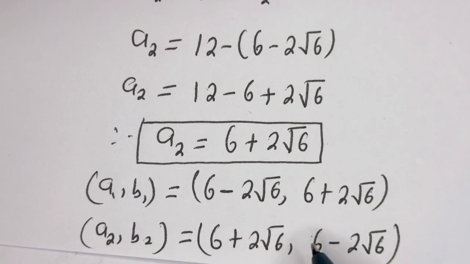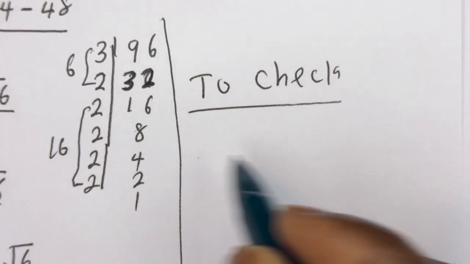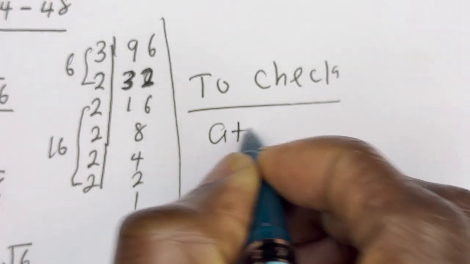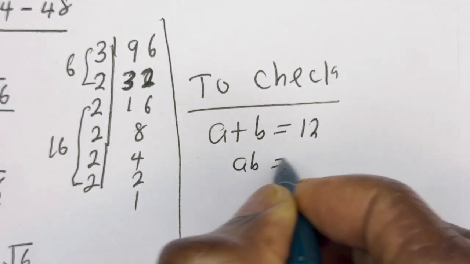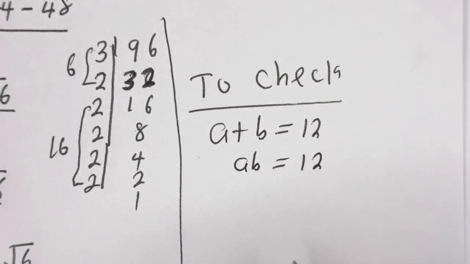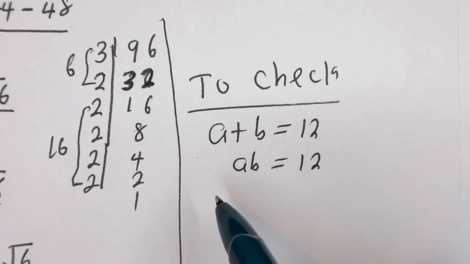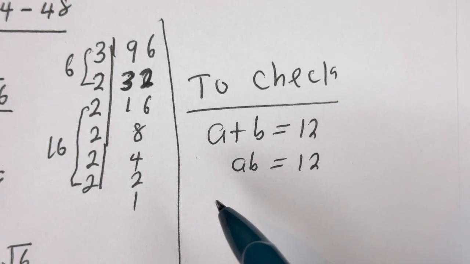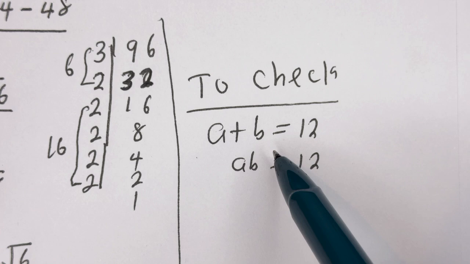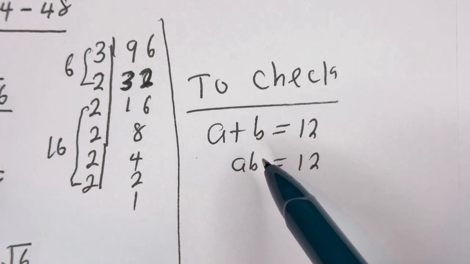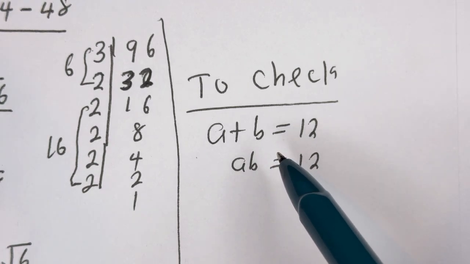We can check to confirm if this answer is right or wrong. Let's check. To check, we have the given equations: a plus b equal to 12, ab equal to 12. Now, when a1 is 6 minus 2 root 6 and b1 is 6 plus 2 root 6, we can check using any of these, but let's use a1, b1. We may also use a2, b2.